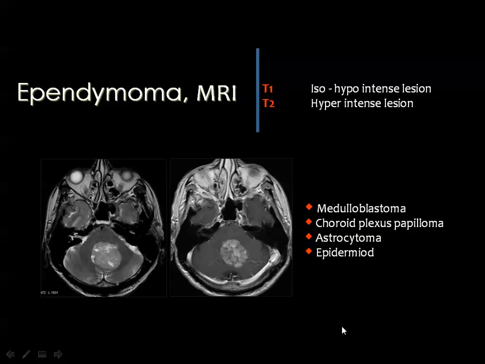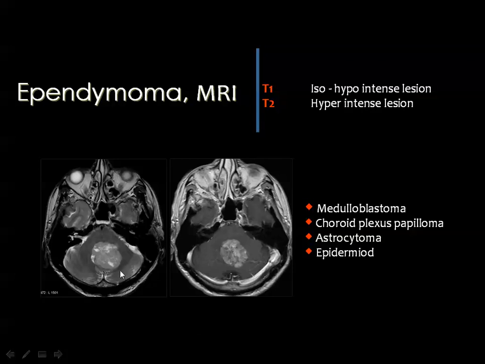Then ependymoma by MRI will appear iso to hypointense in the T1, hyperintense in the T2 weighted image, and after injection of contrast it will show a similar pattern of enhancement like that of CT, which means that it may enhance homogeneously or heterogeneously.